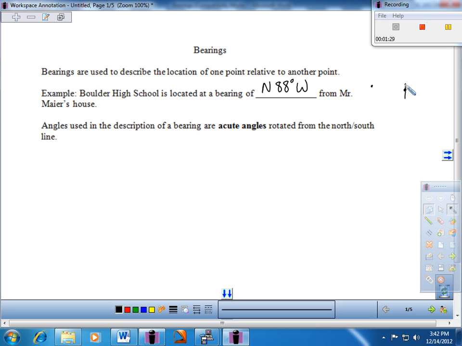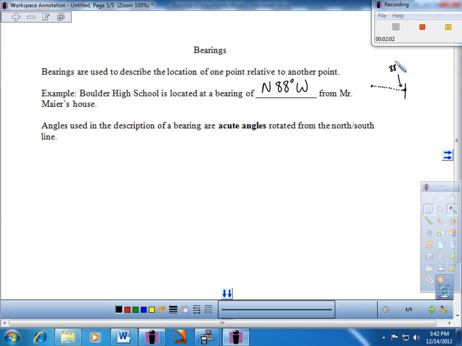So what this basically means is we're going to rotate off that north axis right here, 88 degrees in a westerly direction. And if you can envision a terminal side going from my house to Boulder High School, right in here, guys, I'm going to try to get that in as nice as possible for you. That would be the 88 degrees. So again, it's a way to describe the location of one point relative to another point.